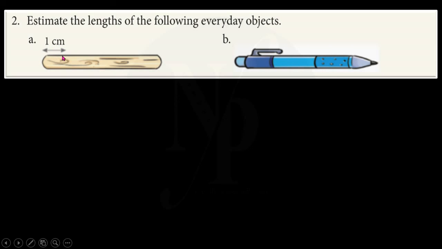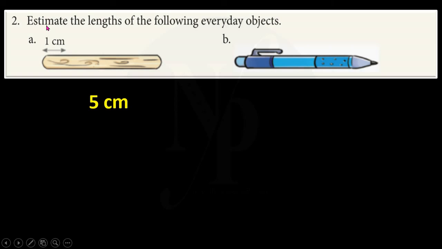So if this length is 1 centimeter, estimate the total length of this object. When you compare the whole length of this object with this length marked here with arrow marks, it seems to be about 5 times the given length. So we may say the length of the object in A is about 5 centimeters. We may write it as about 5 centimeters.